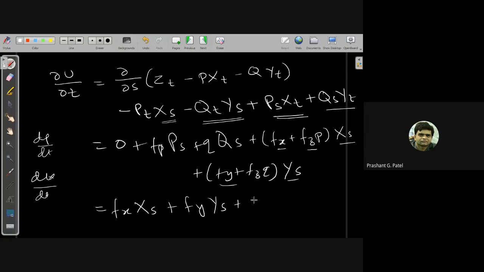Fz will have this Fz into p xs plus q ys. This is Fz. Then plus this Fp ps plus Fq into qs.